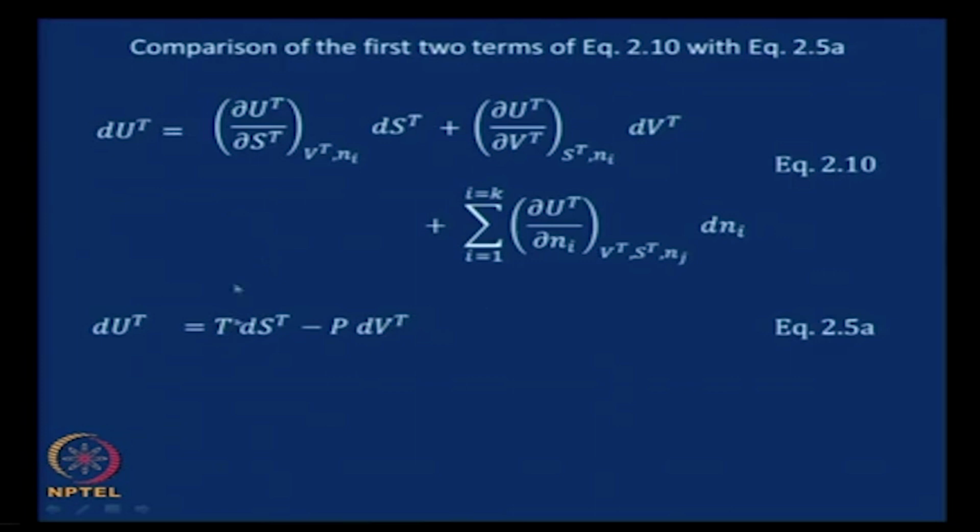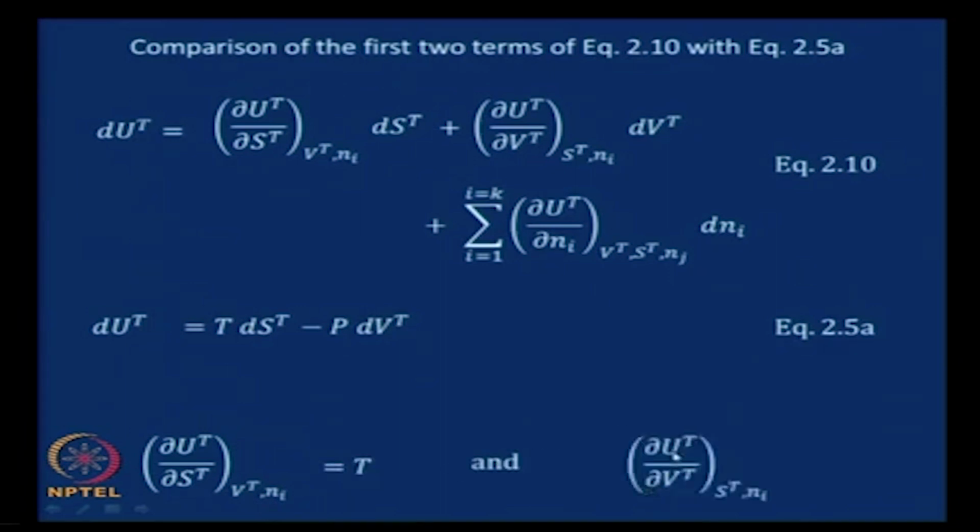It is quite easy to see the correspondence between the two, and therefore it is quite straightforward to write ∂Ut/∂St at constant Vt and Ni equals the temperature, and ∂Ut/∂Vt at constant St and all other components held constant as minus P. Note that this is for a multi-component system and we have compared it with a single component system and we are drawing useful relationships. See you in the next class.